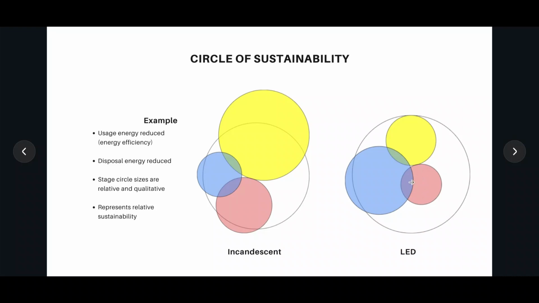So we can see right away, and that's the idea with this design, that the LED model scenario is more energy efficient, not just in the use stage, but in its life cycle than incandescent light bulbs.